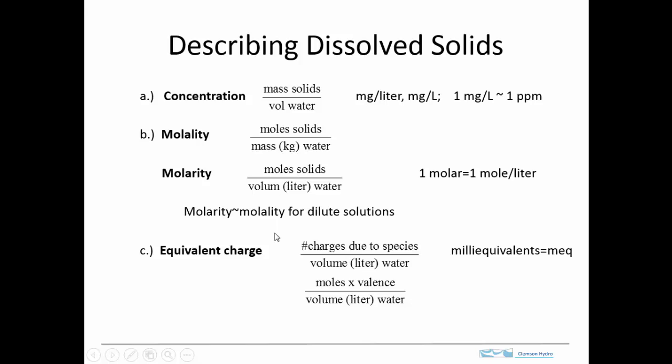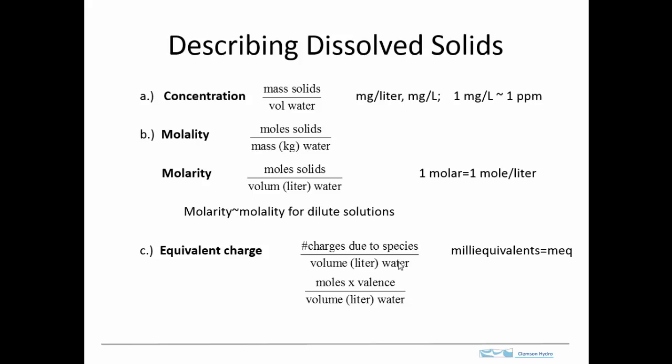And then another important way of expressing this is as the number of charges due to a particular species per volume of water. So for calcium, for example, that carries 2 charges. It's a +2 cation, and so it carries 2 charges per atom, and sodium would carry 1.